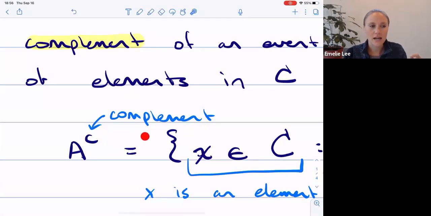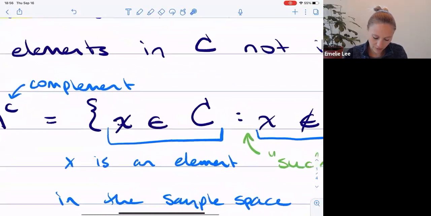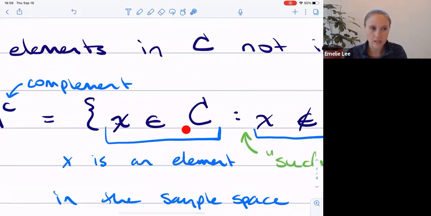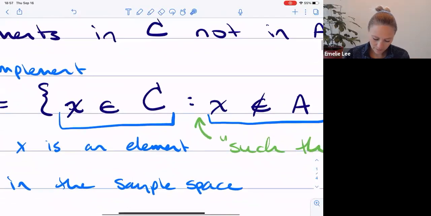And in terms of set notation, it's all the X's, where X is some arbitrary element, all the X's that are contained in the sample space.